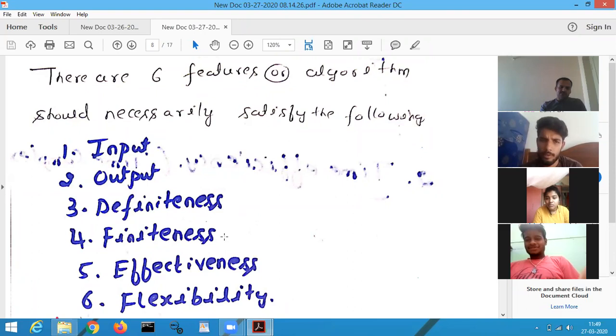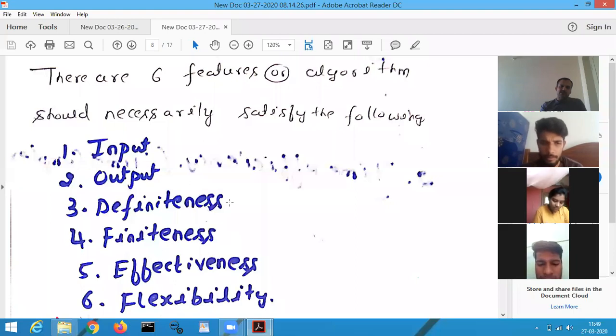Now let us first go for finiteness. Finiteness means your algorithm should terminate after a finite amount of time after returning the results. Now definiteness means every logic or step of the algorithm should be clearly understood.